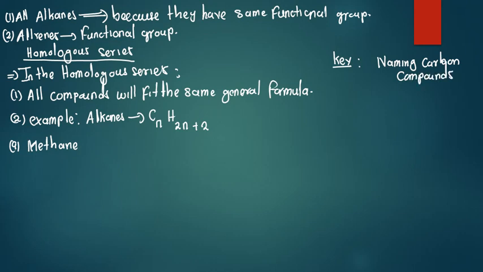Okay, so this is numbering. When you say meth, how many carbon atoms are you talking about? Say 1. When you say eth, how many carbon atoms are we talking about? Say 2. How about 3 carbon atoms? That is prop.